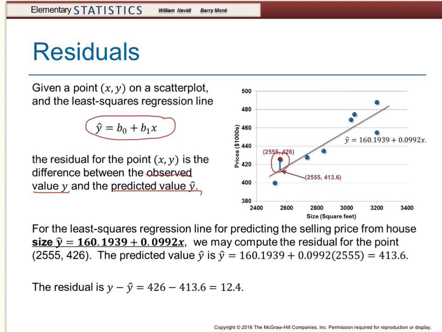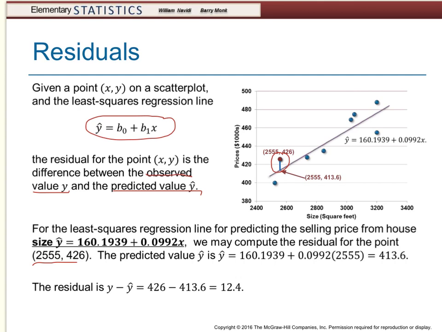For the least squares regression line for predicting the selling price from the house size, y hat equals 160.2 plus 0.0992x, we may compute a residual for the point (2555, 426).